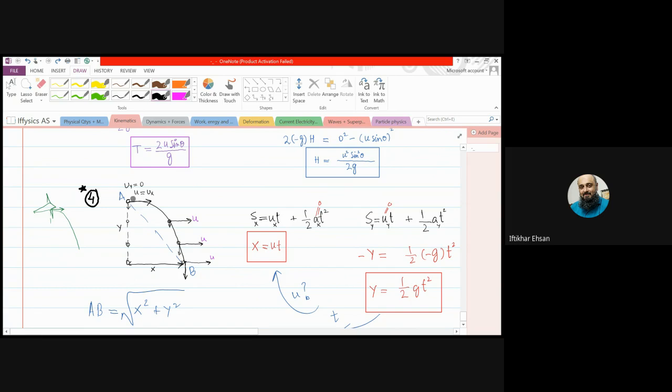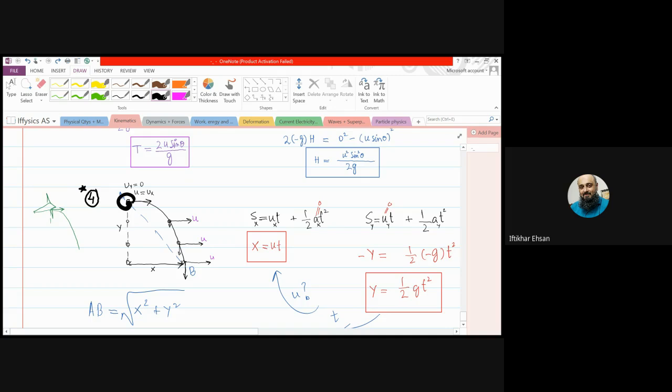So when we throw, it will hit at a point which is at some horizontal distance. We call that distance x, and it has vertically changed its position from this level to this level, and we call that vertical displacement y.